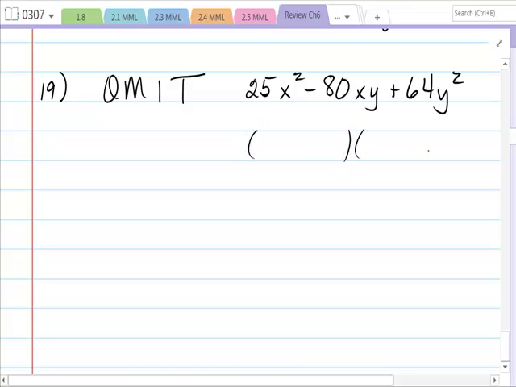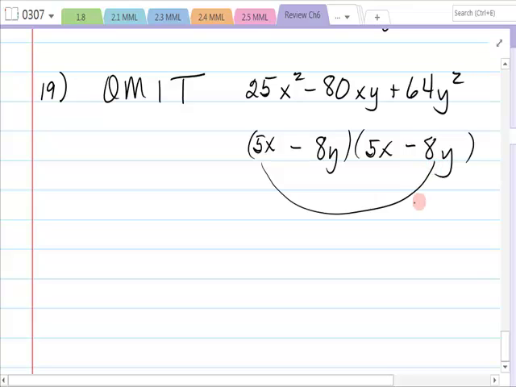This, and I will just share with you, the signs we know. The last sign's positive, this one's negative, so they're both negative. So 5x times 5x gives me 25x squared. 64y squared. Well, there's a lot of combinations, but I'm going to go 8y and 8y. And now I've got to check it. What's the outer product?